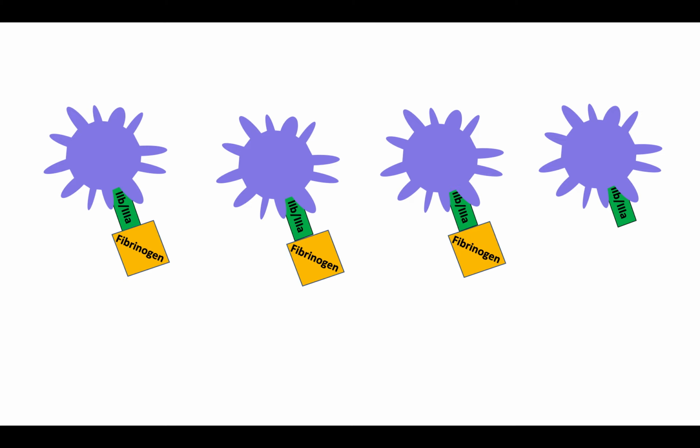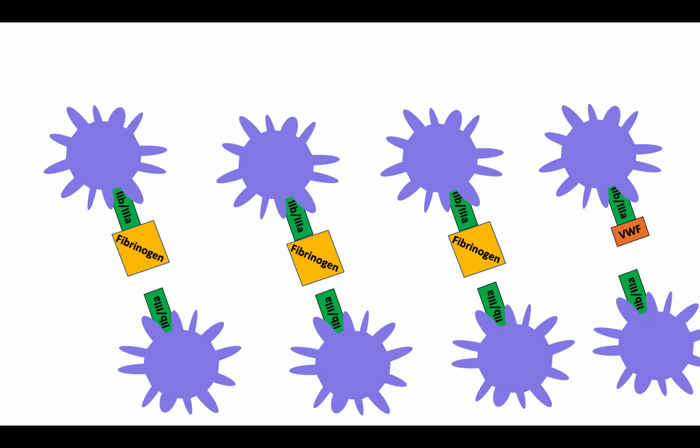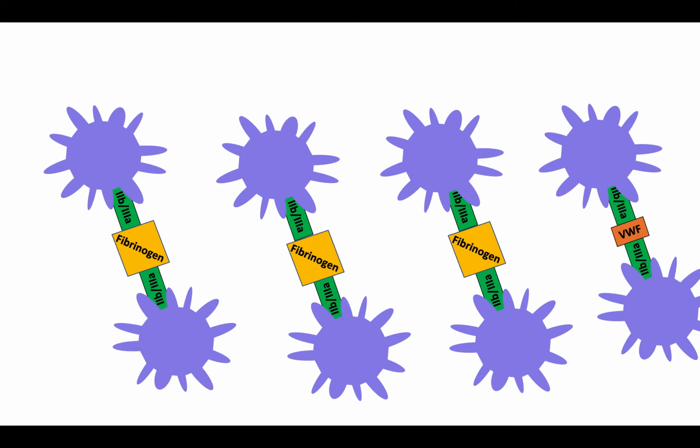GP2B3A also recognizes and binds von Willebrand factor. This affinity for fibrinogen, von Willebrand factor, and fibronectin, not pictured, allows other platelets with the activated GP2B3A receptor to also bind fibrinogen and von Willebrand factor in the process we know as platelet aggregation.